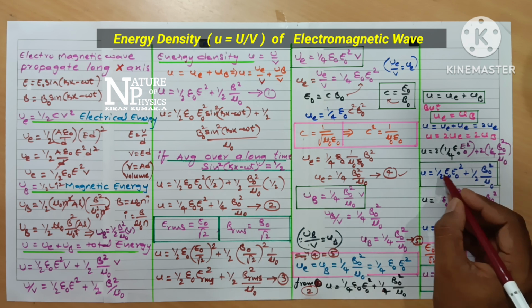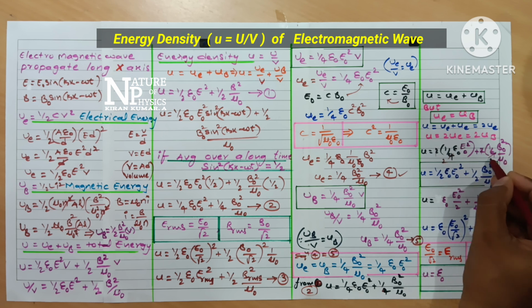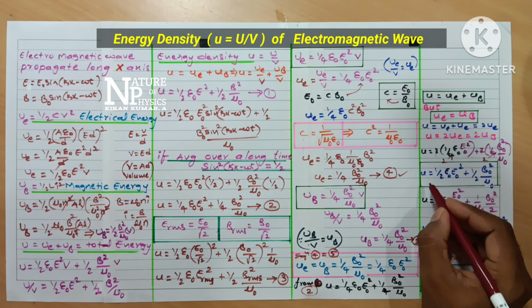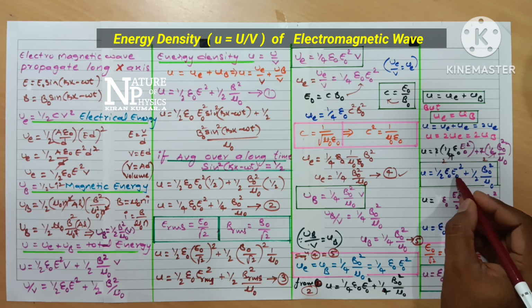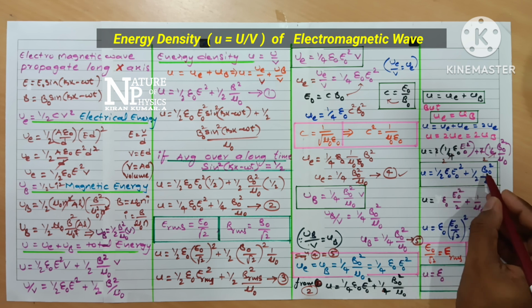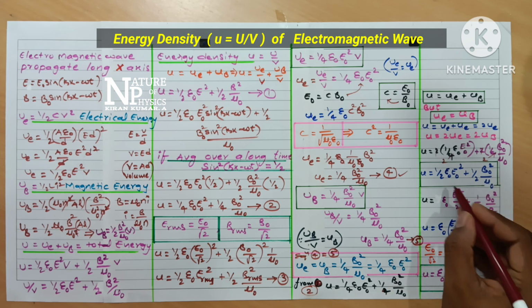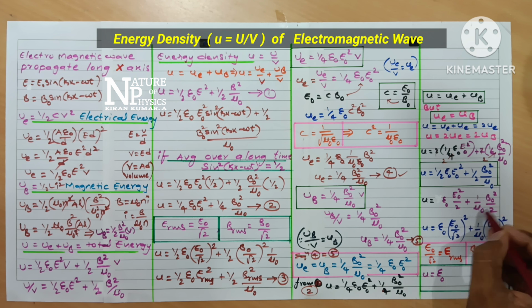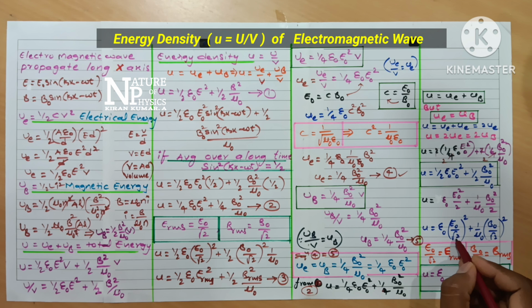Okay, so the 2 gets cancelled, once, 2 times, student. So I can write U is equal to 1/2 epsilon naught E naught square plus 1/2 B naught square divided by mu naught. Rearranging, epsilon naught E naught square by 2, 1 by mu naught B naught square by 2, so U is equal to epsilon naught (E naught by root 2) whole square plus 1 by mu naught (B naught by root 2) whole square, student.